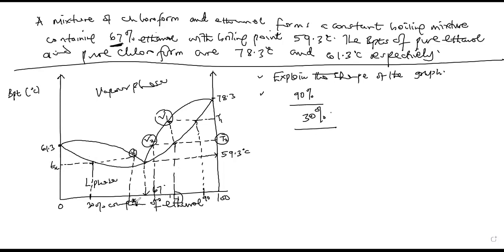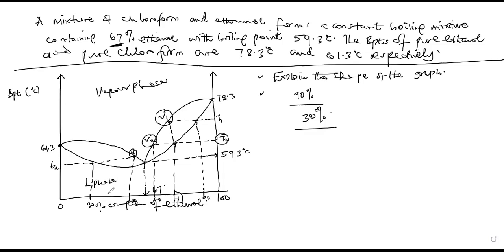Condensing this will form a liquid, maybe LX, of the same composition, still richer in ethanol. Repeated vaporization and condensation will yield an azeotropic mixture as a distillate and pure ethanol as a residue.